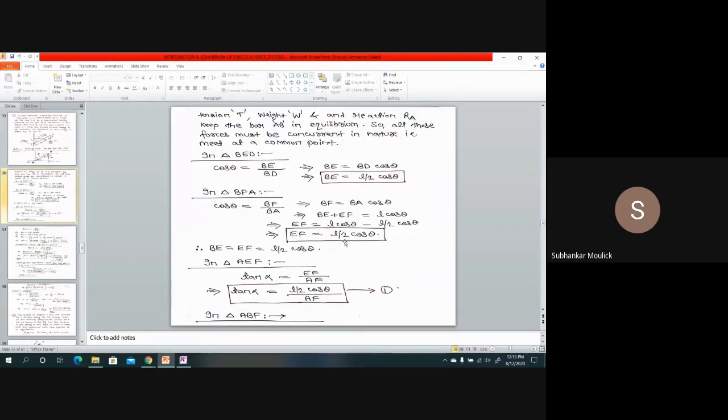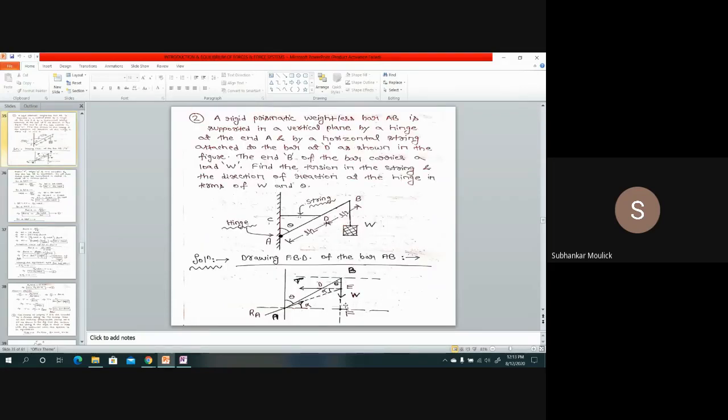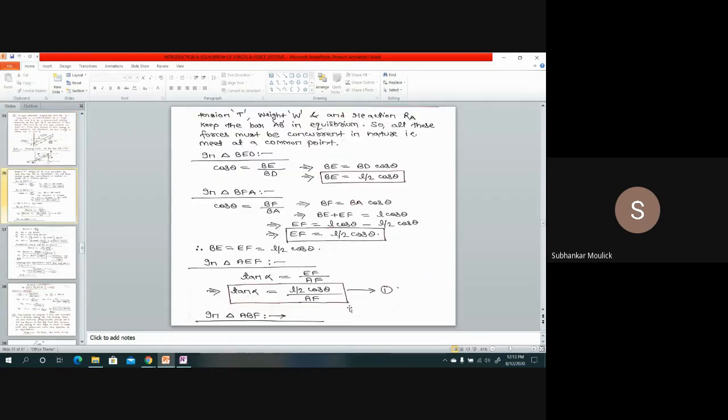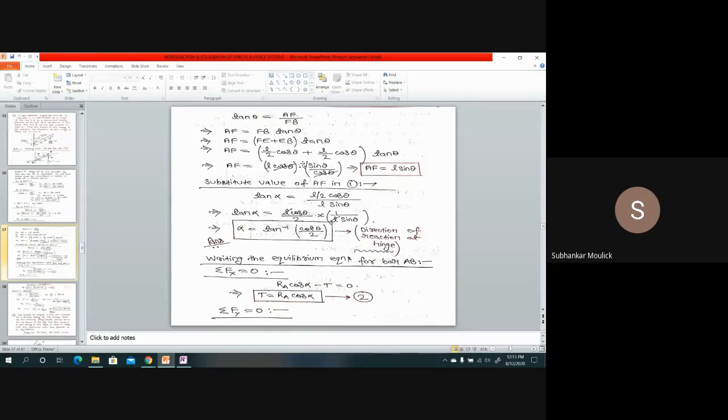FE is L by 2 cos theta, plus EB is L by 2 cos theta. So this entire FB becomes L by 2 cos theta plus L by 2 cos theta, that is L cos theta. So AF is equal to L cos theta into tan theta.